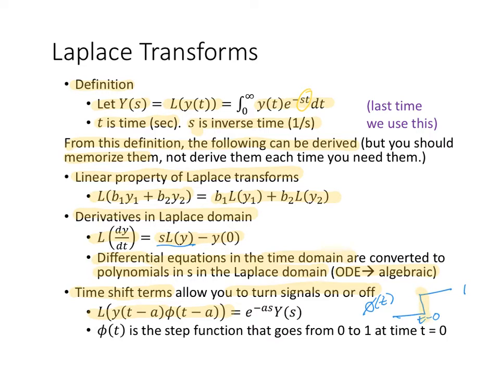So this is stepping when t minus a equals 0, which means it steps at time a. This allows you to add a function that simply steps on at time a, or you can take the negative of that in order to make one that was already on turn off. So you can turn one on and then turn it back off by subtracting the same function in a time-shifted manner.